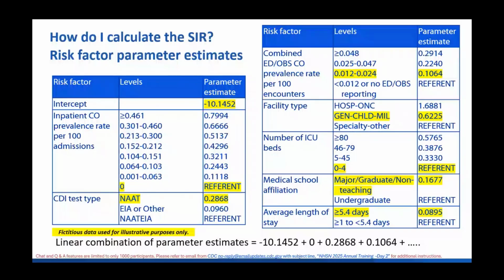At this point, we have all of our attributes highlighted for the variable. Now we have to go into a calculation on how to get the predicted number of events. The first step is quite easy. We are going to add up all of these numbers that are highlighted. If you see the word referent, it's a 0. Plug them into a calculator, get what that number is. Next slide.